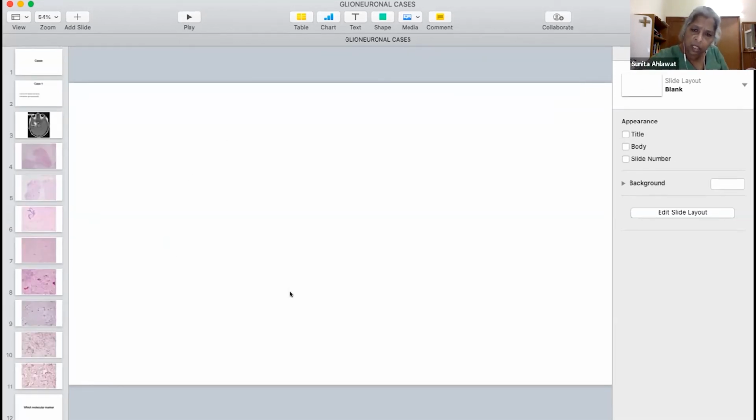We do see, because ours is a very active neuro center, more active even than AIIMS. I have seen almost each and every type of tumor that is described in WHO. Neurocytomas are common. I'm sorry, I missed those.